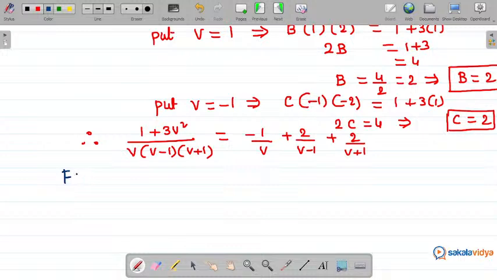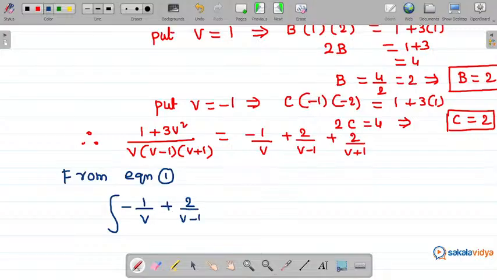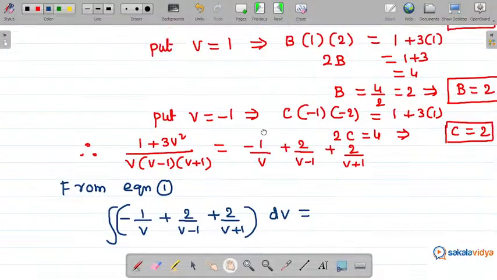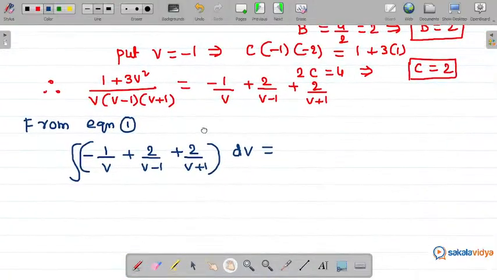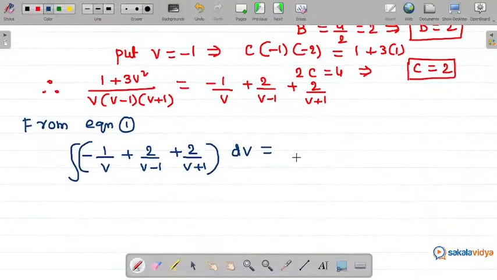From equation 1, the integral of negative 1 by v plus 2 by v minus 1 plus 2 by v plus 1 dv is equal to, once again check it, negative 2, this is negative 2 integral dx by x.